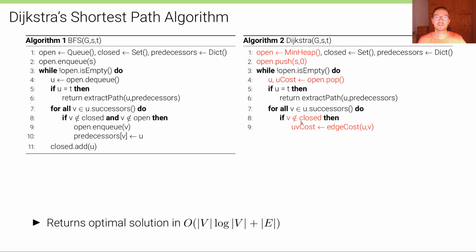If the successor is not in a closed set, then we're computing the edge cost from u to v and call this uv cost.